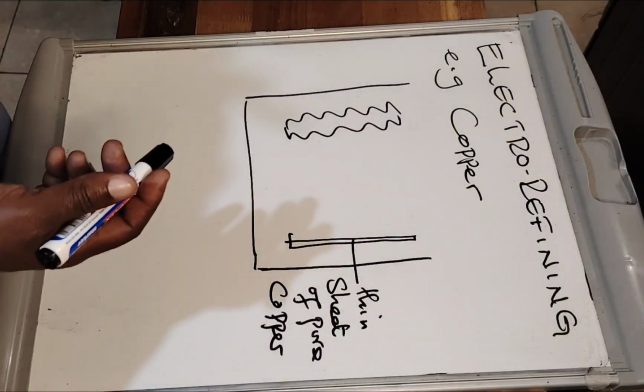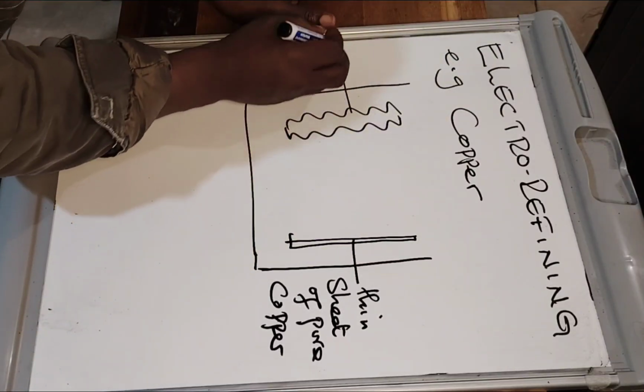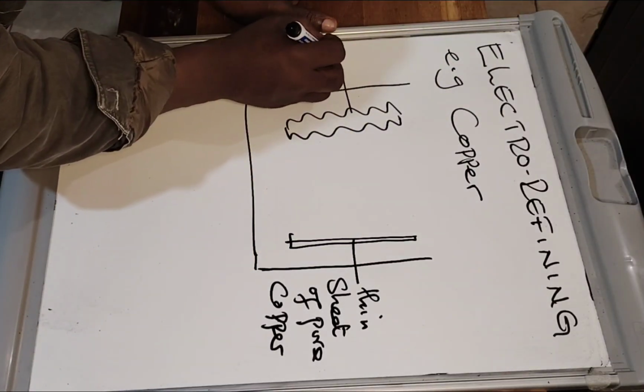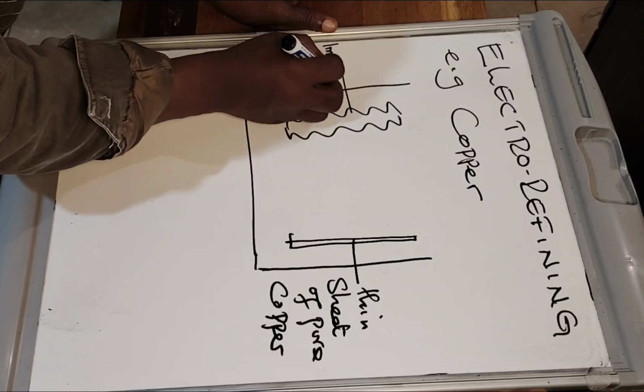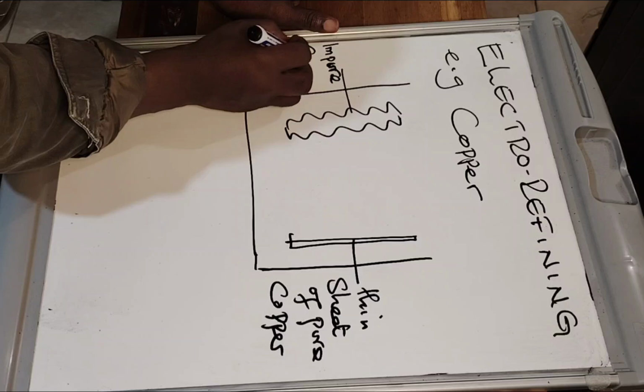The principle for electro-refining. First of all, this is impure copper.